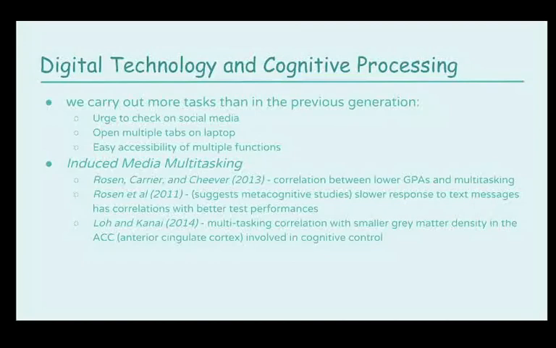So basically, they found that multitasking has correlations with lower cognitive control, because your ACC, your anterior cingulate cortex, has a smaller gray matter density.